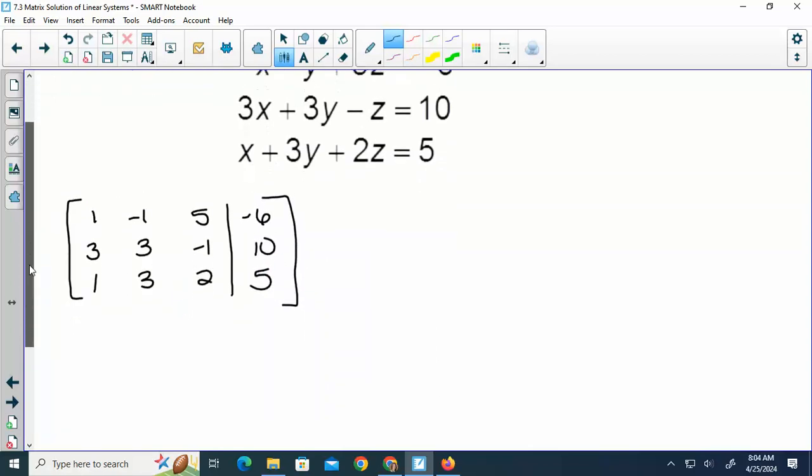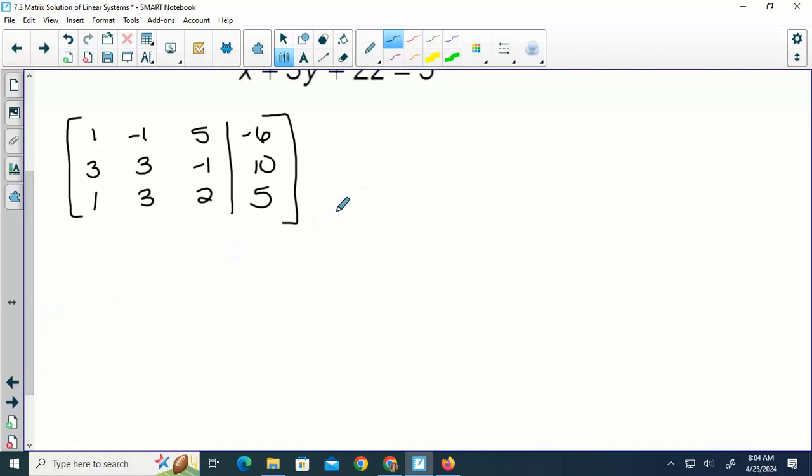So our goal, we know we need ones in the diagonal, zeros elsewhere.